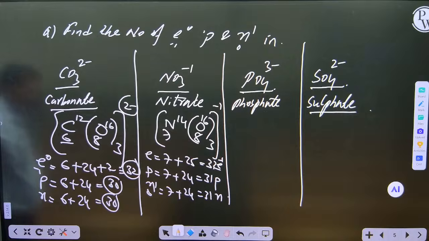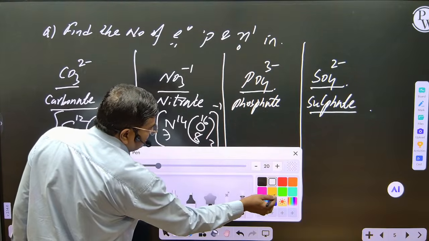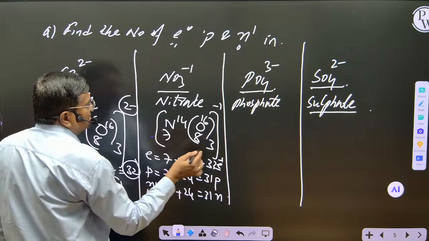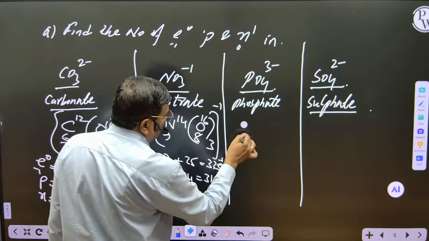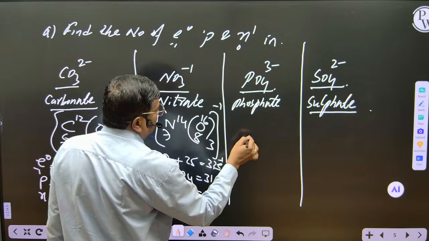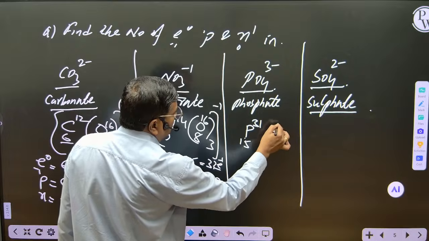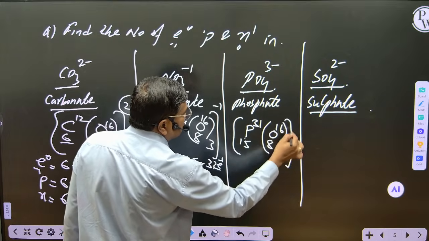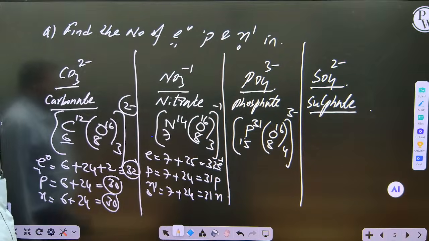Now find out in phosphate ion. In phosphate ion, tell me what should be the number? Phosphate ion. Phosphate, how we write? PO4 3 minus. Phosphorus 15, 31 is the mass number. Oxygen 8, 16, taken 4. On the total, what is the charge it is bearing? Minus 3. Now find how many electrons will be there.